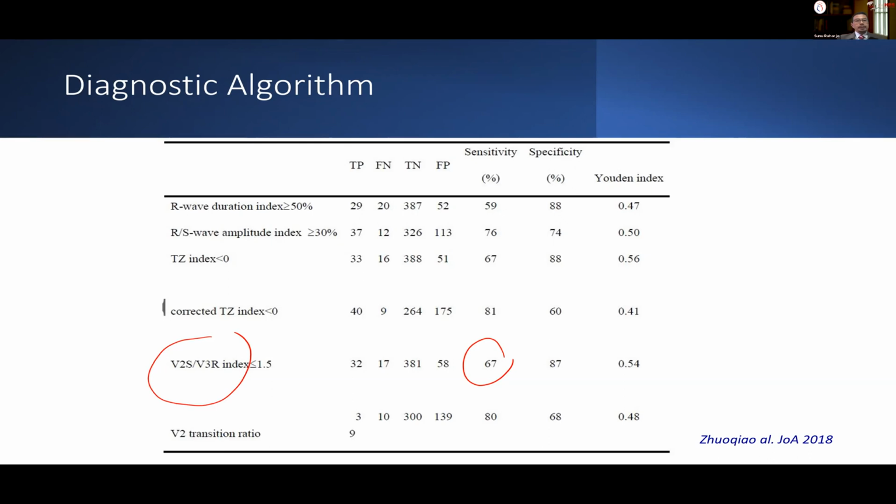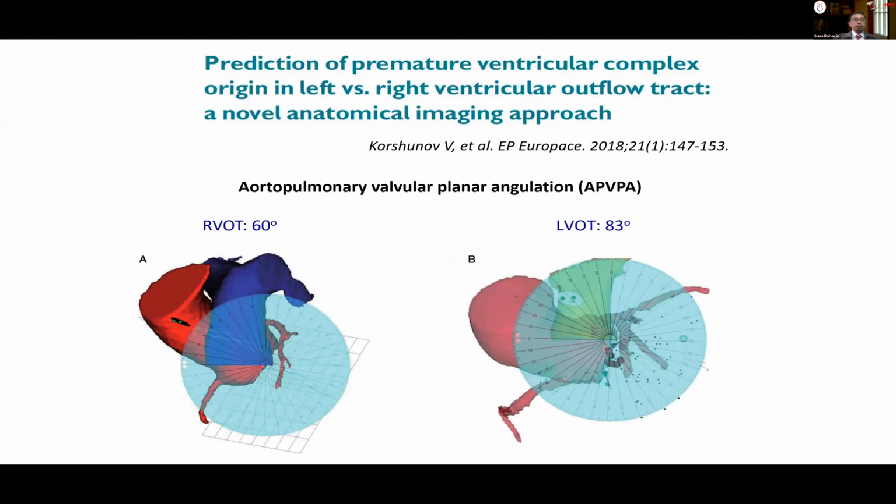So it is interesting that in 2018, Dr. Korsunov published in EP Europace 2018. They didn't use an ECG algorithm to help identify the possible origin of the ventricular arrhythmia, but they used CT images.